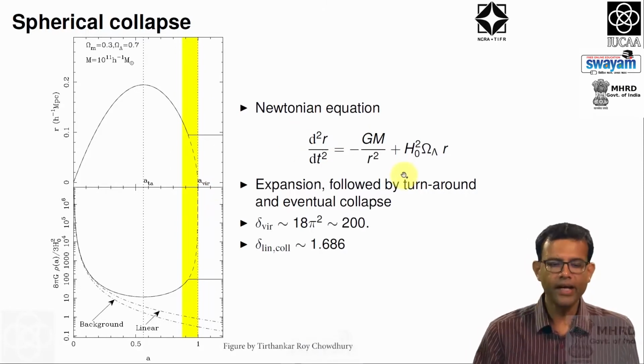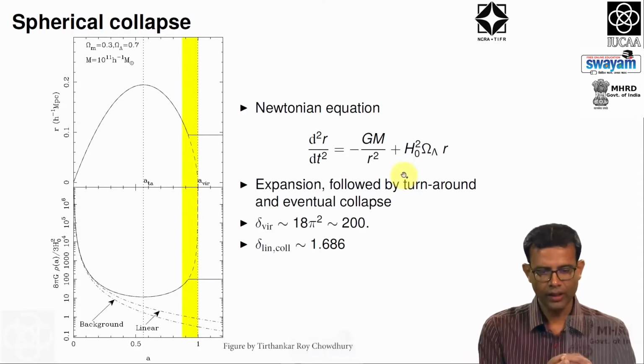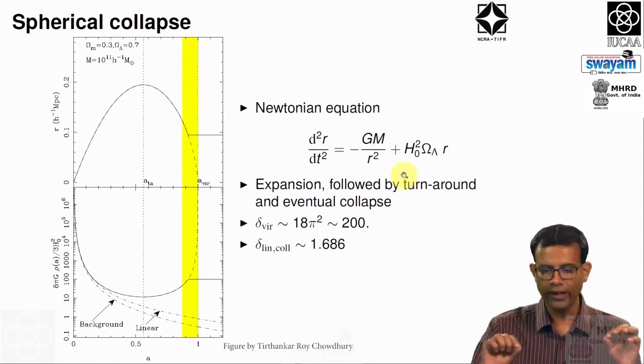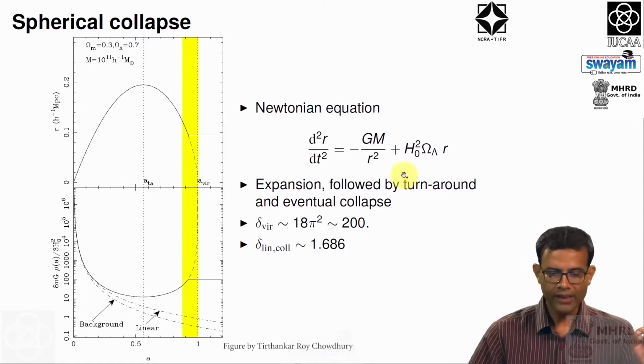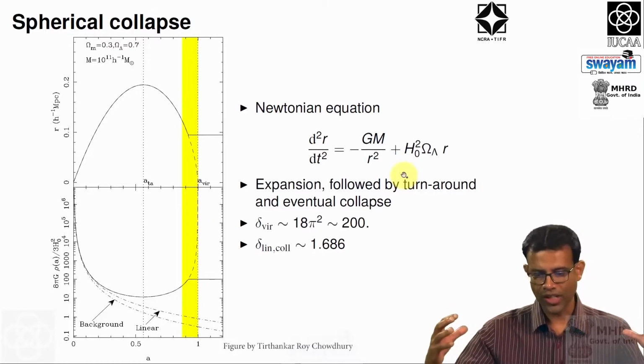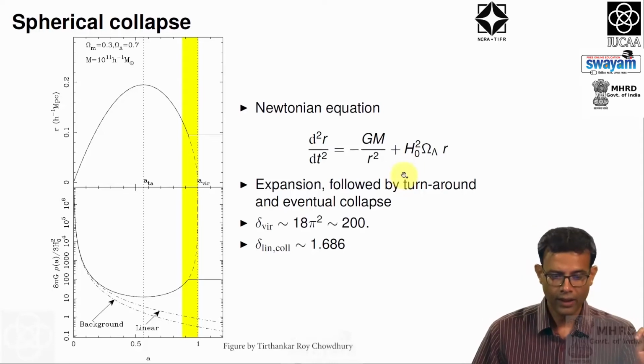What happens in reality, that does not happen, because in this perfect sphere we have assumed that all particles move only radially. But even if there are small tangential motions, what happens is as you start collapsing, these tangential motions actually get amplified and they become comparable to the radial motion.